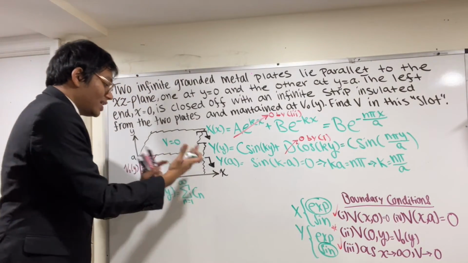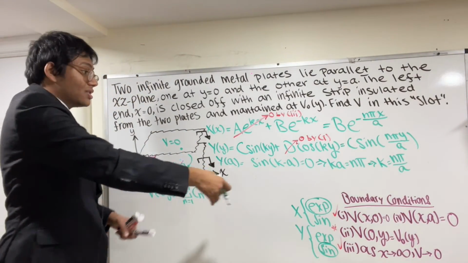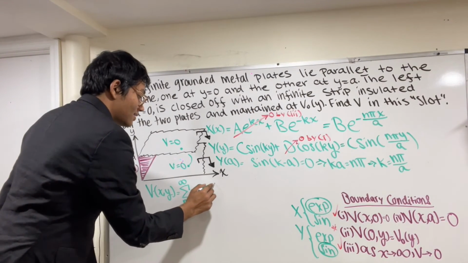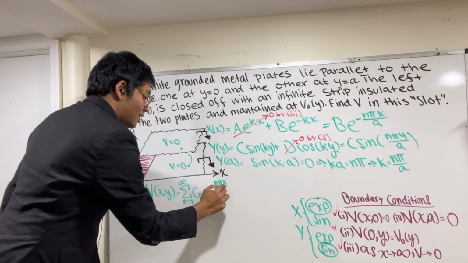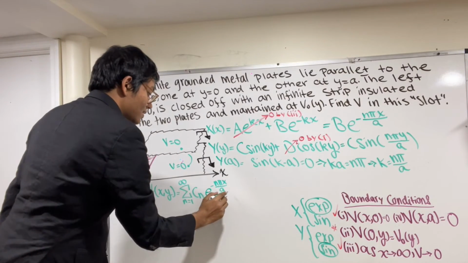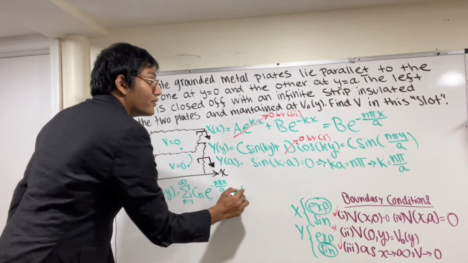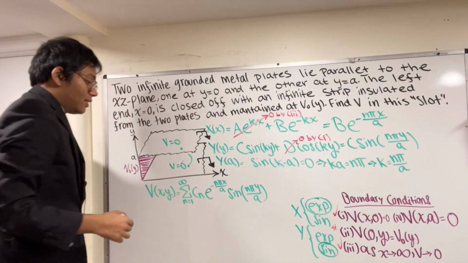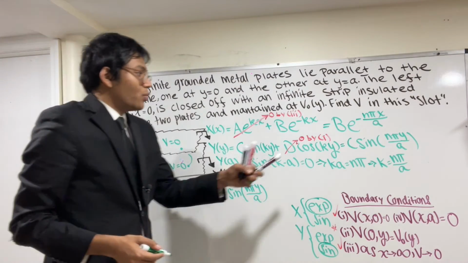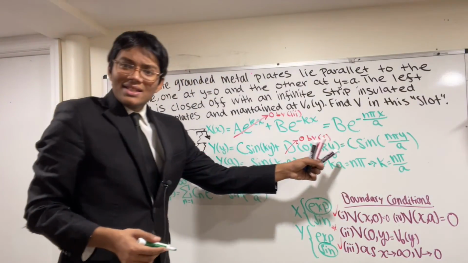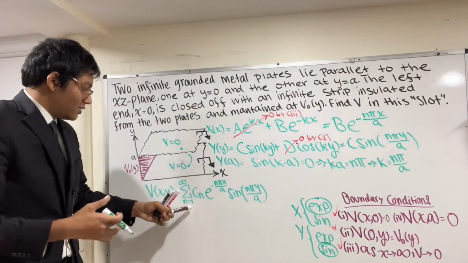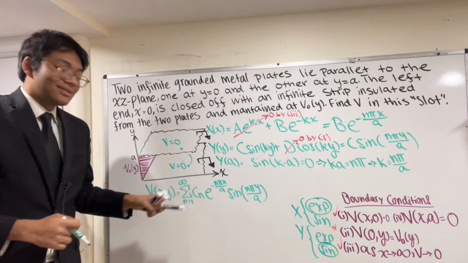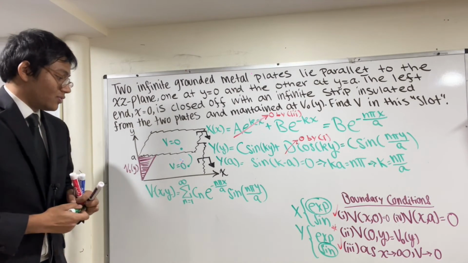The electric potential V is going to be some linear combination of this function of x, e to the minus n pi x over a, times this function of y, sine of n pi y over a. And by the way, if you're wondering, wait, where did my b go? Where did my c go? They were absorbed into this all-expressing c sub n, expansion coefficient.